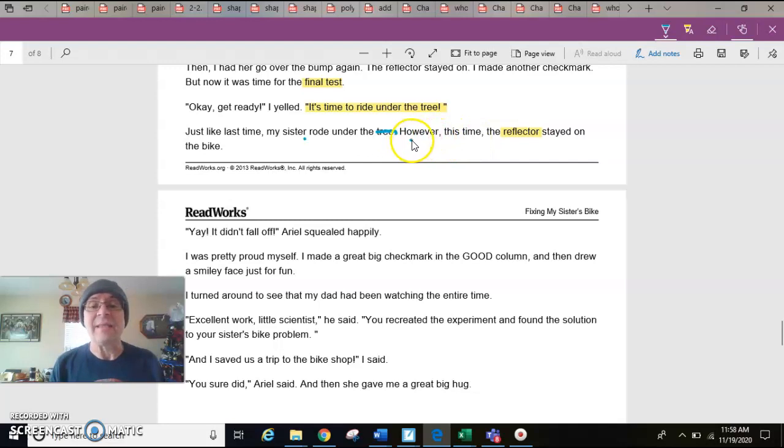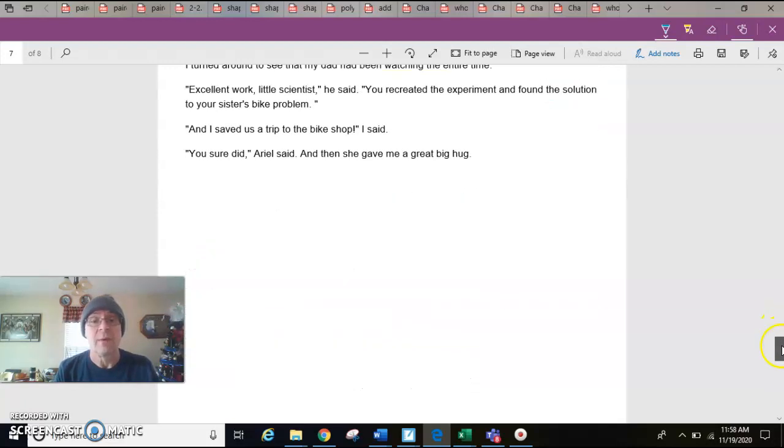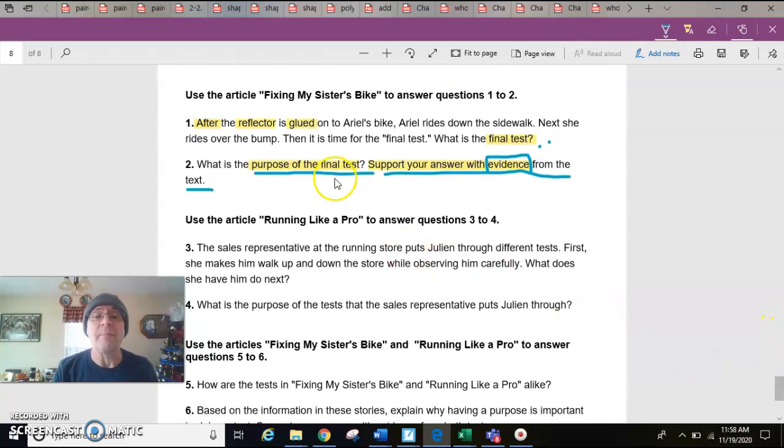It doesn't say that this time. So to answer this question properly, you've got to see what happened the first time, right? So really the purpose of the final test was to see if the reflector would stay on if a branch swept past it. Now, do you see how in depth I had to go to answer that one question?